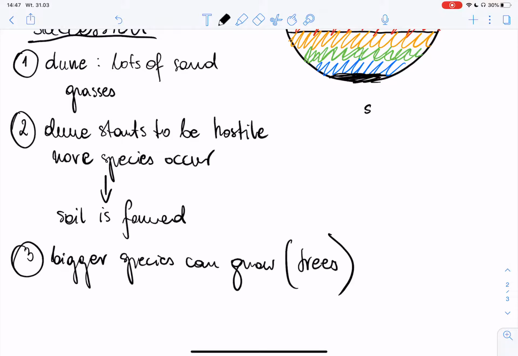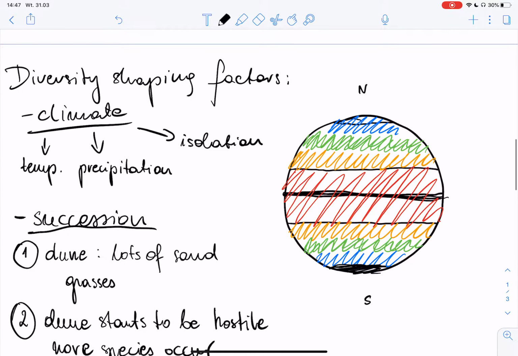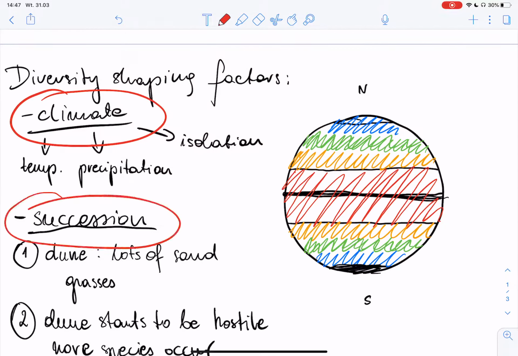And we have also the birch, which is also a tree that will be the first to enter a new area. And guys, this whole diversity basically is about those two factors, climate and succession.